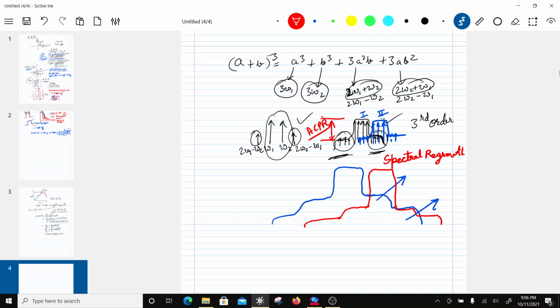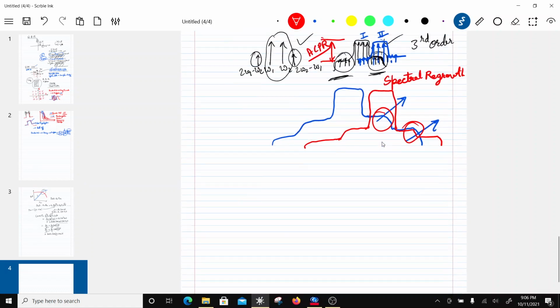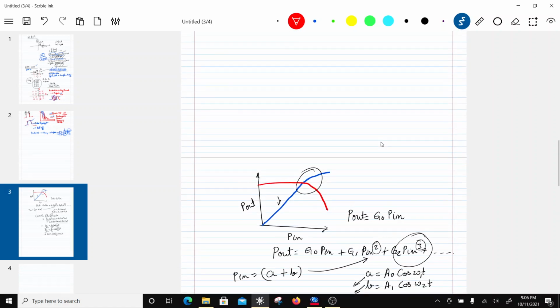This component is the adjacent channel component, and this component is the alternate channel component. So it can not only affect the adjacent channel, but also multiple channels which are far away. This is known as spectral regrowth, and it is because of the non-linearity.